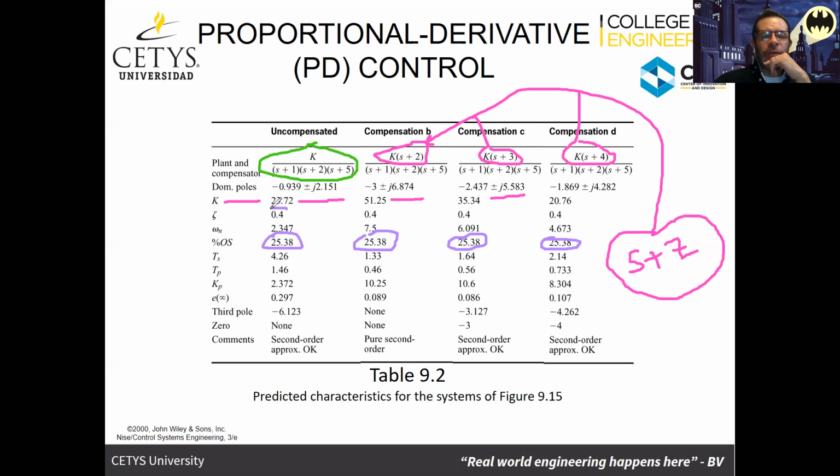And the overshoot is going to be directly related to the damping ratio.